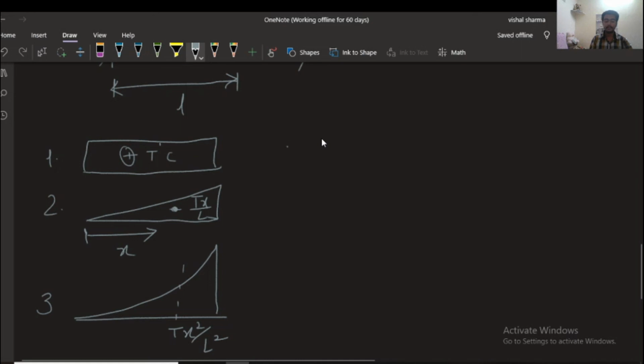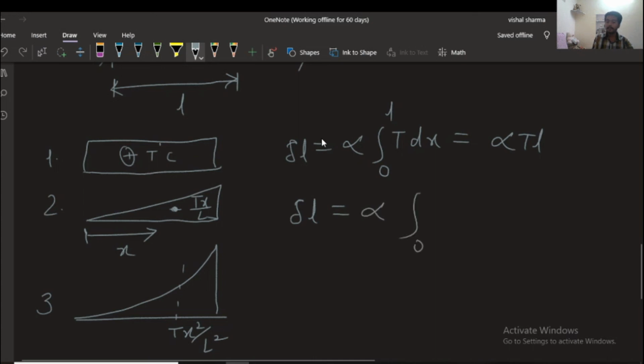So in the first case, the change in length is equal to alpha integration of 0 to L T dx, which is equal to alpha TL. In the second case, when there is a linear change in temperature, change in length is given by alpha integration of 0 to L Tx by L into dx, which is equal to alpha TL by 2.